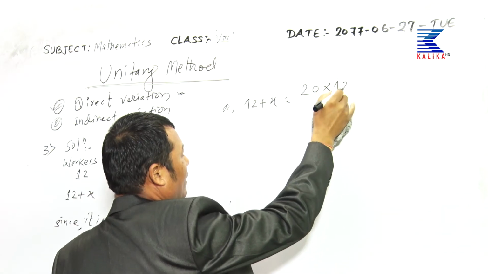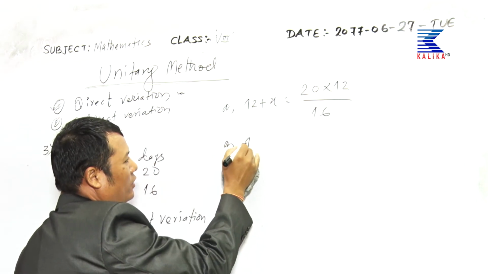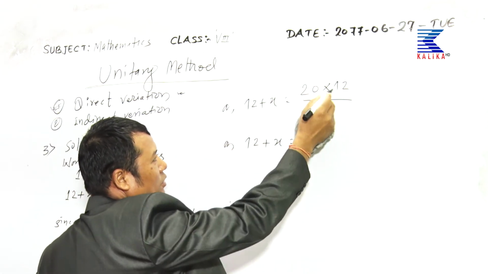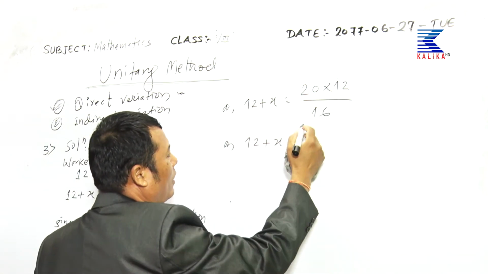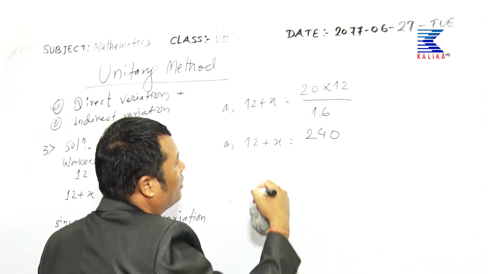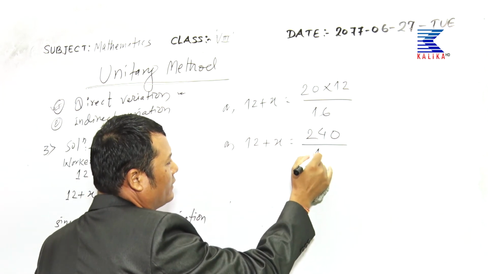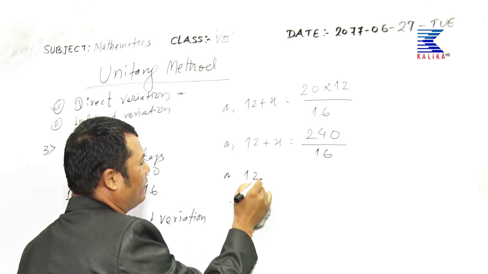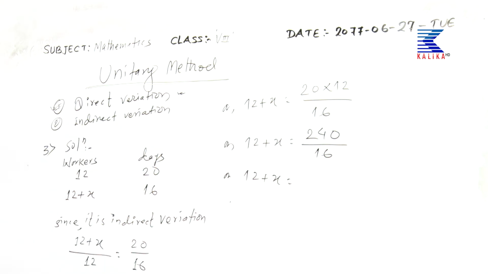12 plus x is equal to 12 into 20, that is 240, upon 16. 12 plus x is equal to 240 divided by 16, it will be 15.